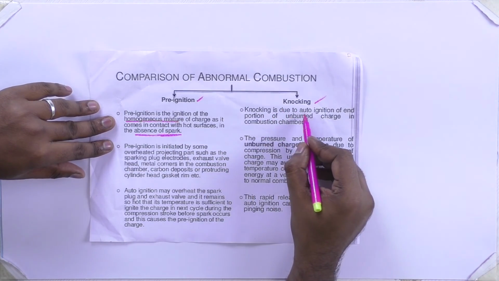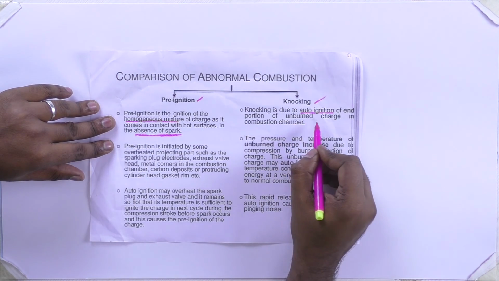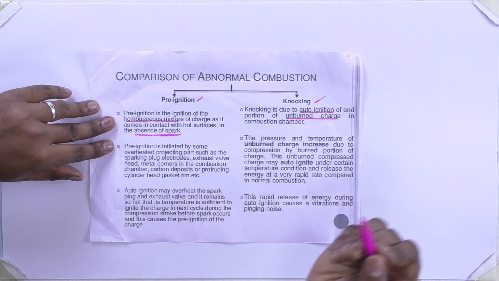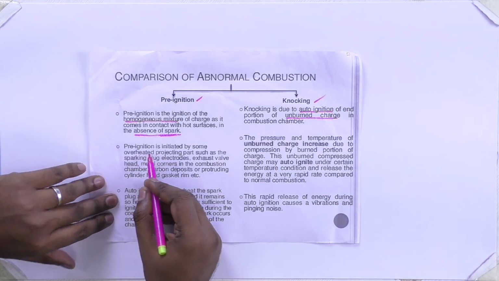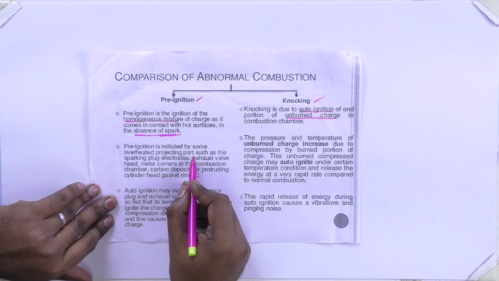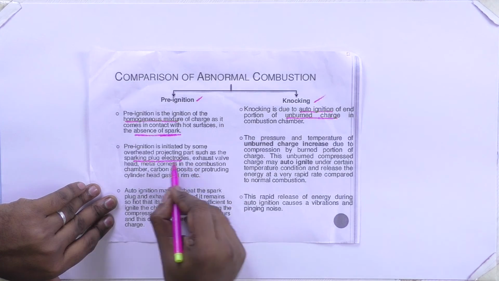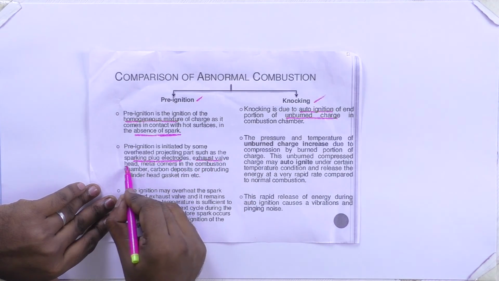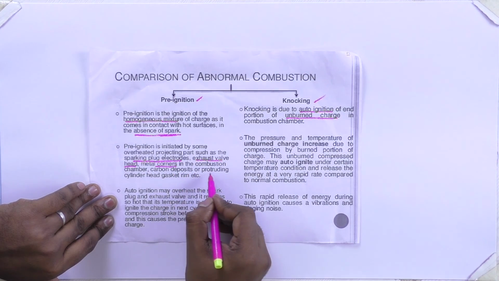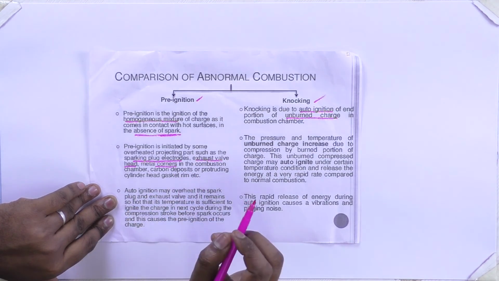Knocking is due to the auto ignition of the end portion of unburned charge in the combustion chamber. Pre-ignition is initiated by some overheated projecting part such as spark plug electrodes, exhaust valve head, and metal corners in the combustion chamber, carbon deposits, protruding cylinder head gasket rim, etc.